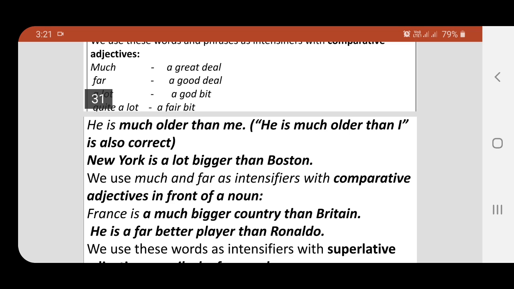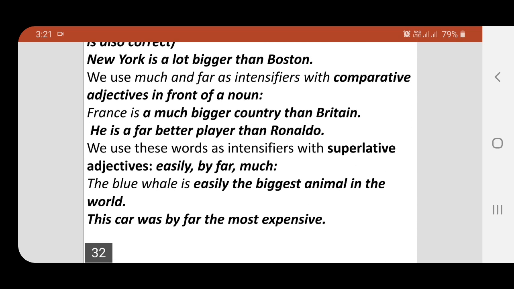France is a much bigger country than Britain. Bigger is a comparative adjective. Much, intensifier. He is a far better player than Ronaldo.